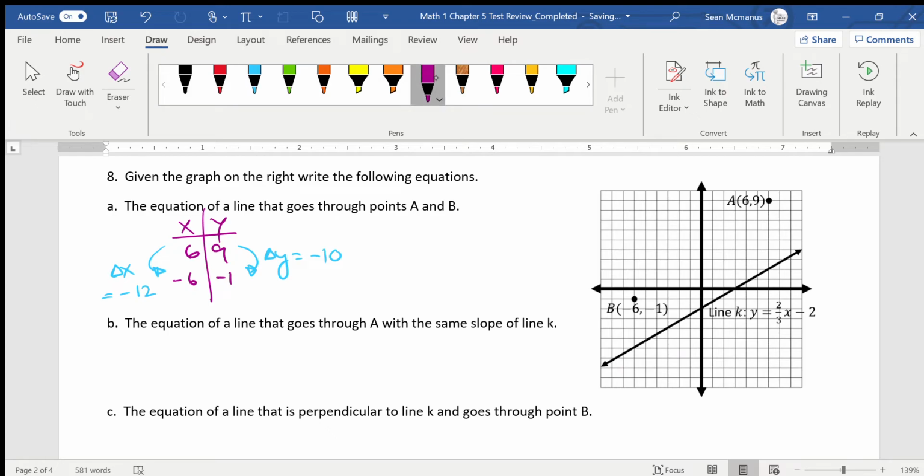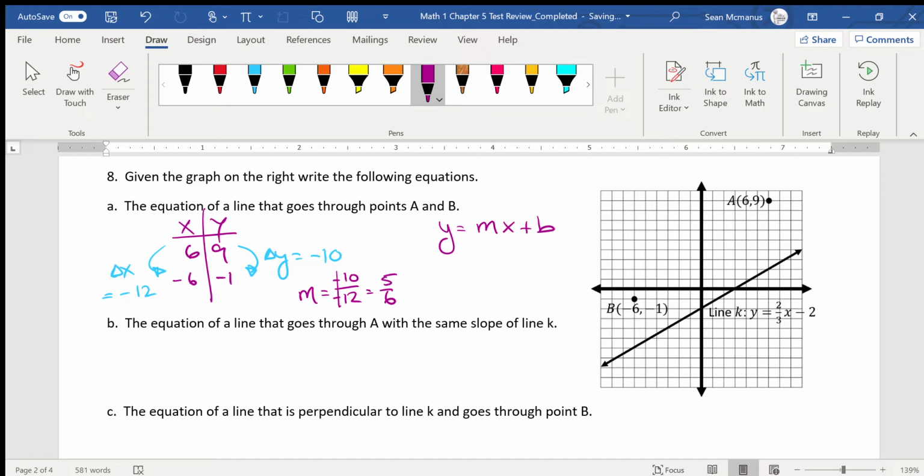My slope is change in y over change in x. The negatives cancel, so 5 over 6. My slope is 5 over 6. Now, y equals mx plus b.